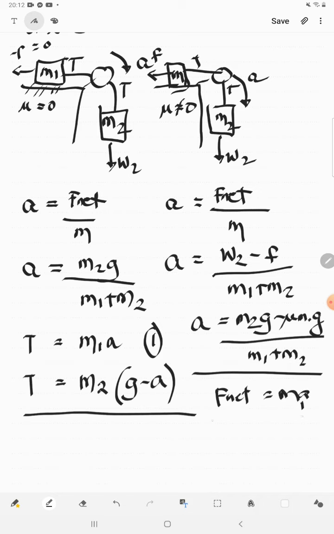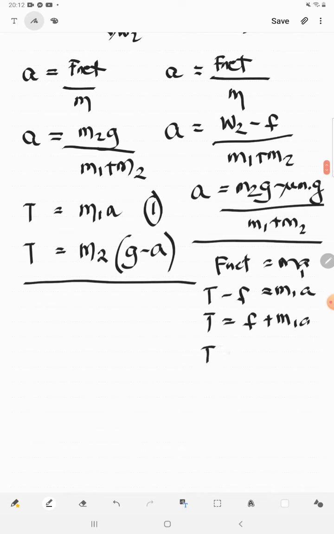So our F net is simply your T minus the frictional force, which is equal to M1A. Therefore, our tension is simply equal to F plus M1A. And therefore, we can say that the tension is equal to mu times M1G plus M1A. So this is our tension across M1.